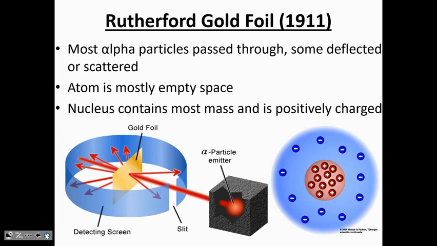So from these results, we were able to draw a new model of the atom where the nucleus had a positive charge and most of the mass contained within the nucleus, and it was very small and densely packed. And he imagined that the electrons existed in the space surrounding the nucleus.